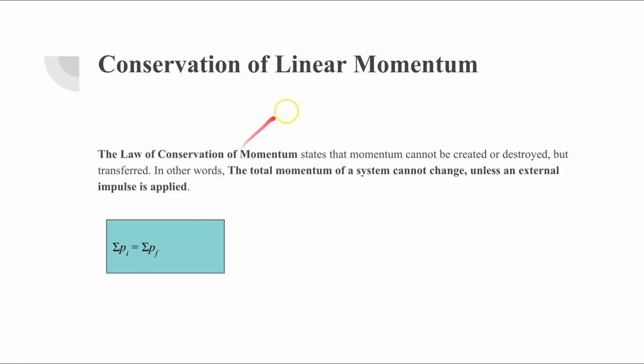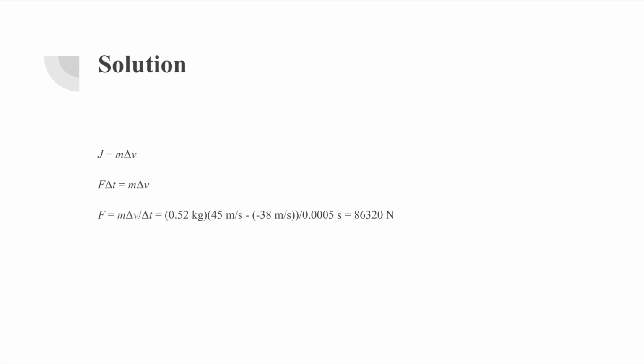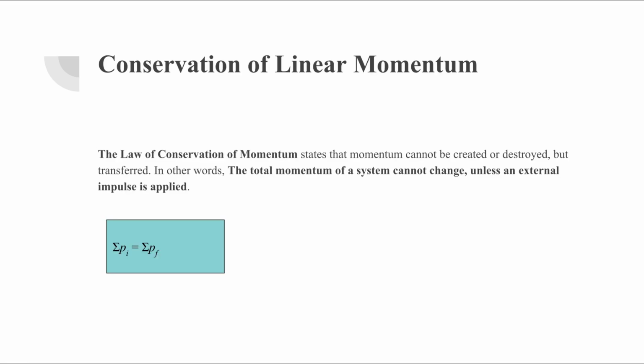So this is that cool property I was telling you about. Momentum has this cool feature where it's always conserved. Like energy, momentum cannot be created or destroyed, but transferred. In other words, the total momentum of a system cannot change unless an external impulse is applied. If you have an impulse applied, a force applied, that means momentum can change.